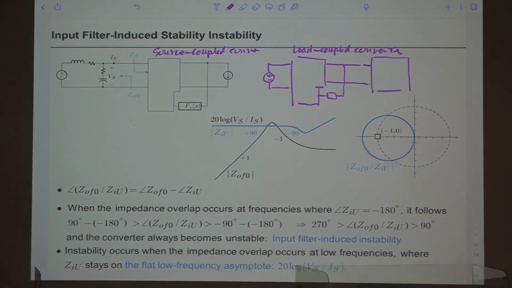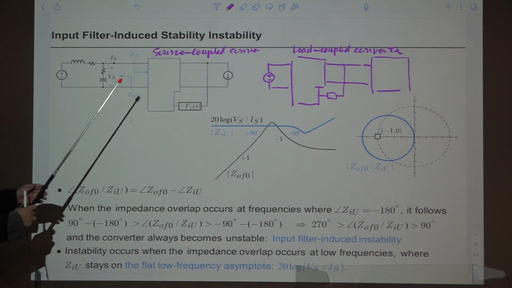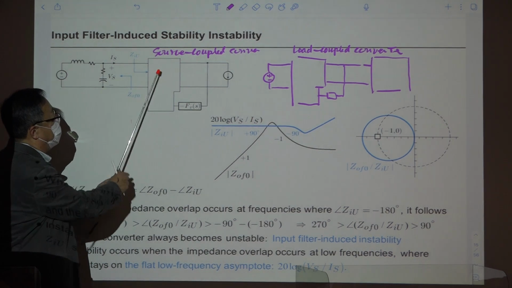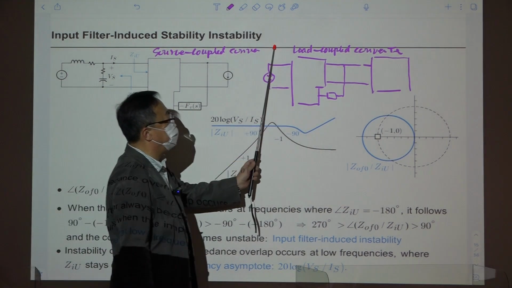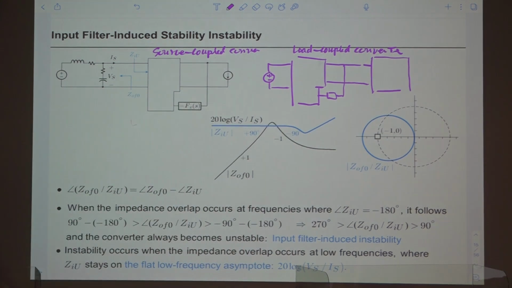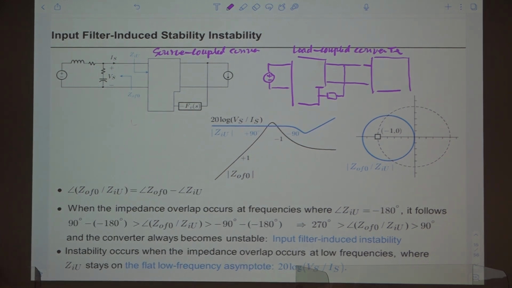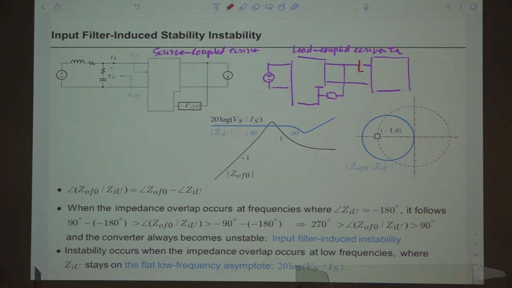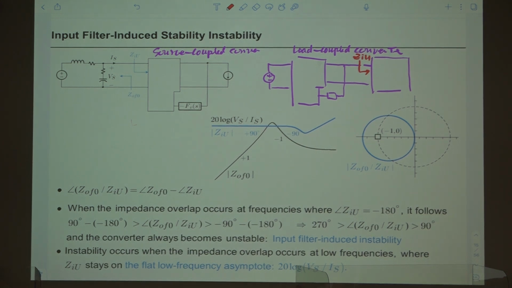The problem itself is the same, because the input impedance of this source coupled converter and the input impedance of this downstream converter are about the same. They have the same structure and same characteristics. So here we have GIU of the downstream converter, and we have GIU here.